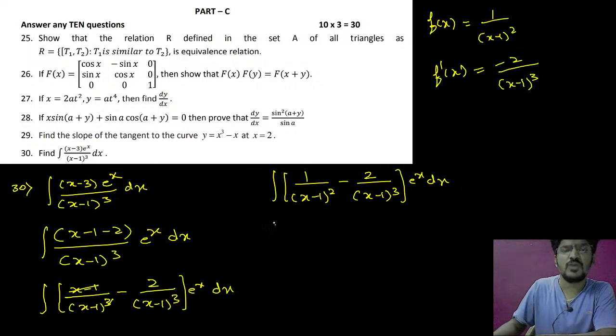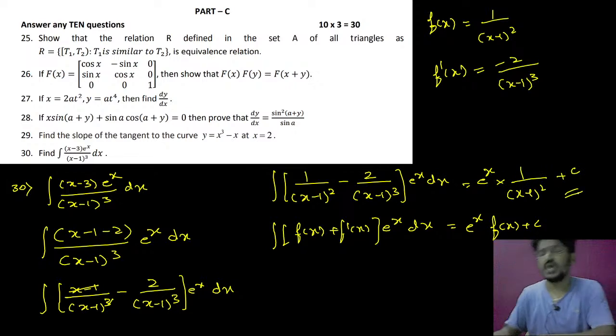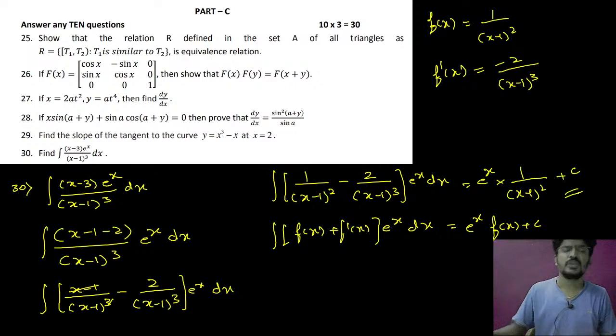Therefore this is in the form of integration of f of x plus f dash of x into e power x with respect to dx. Therefore this is equal to e raised to x into f of x plus c. Therefore e raised to x into 1 by x minus 1 whole square plus c is your answer. Very simple problem that you can understand very easily.